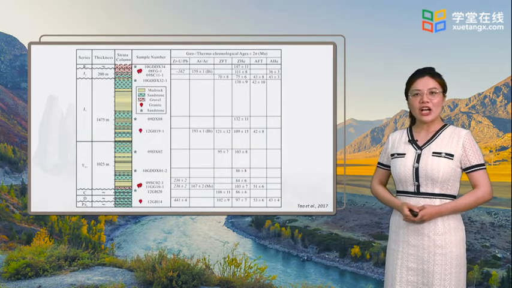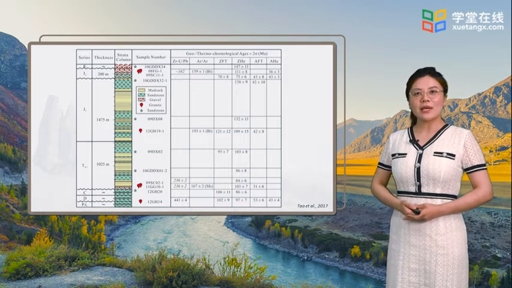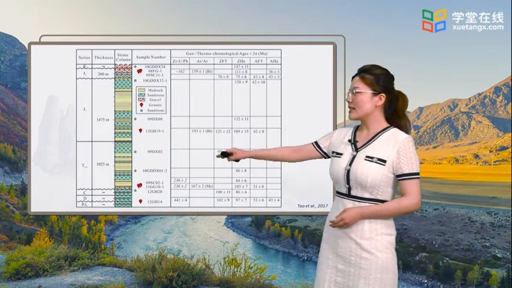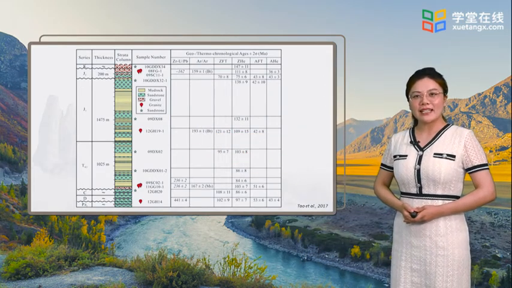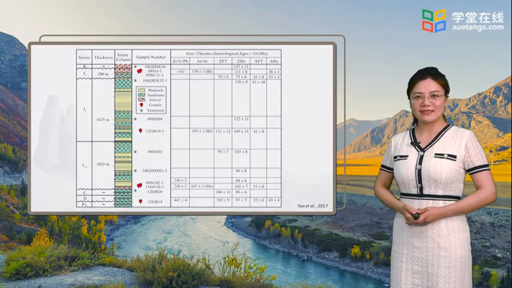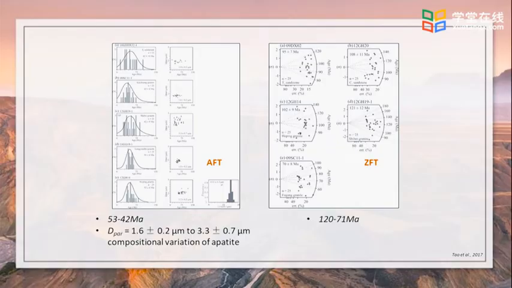The acquired data are shown in this table. In this table, we have the strata sequence listed here and the granite samples listed beside it. All the measured age data are listed here with the 2 sigma error coded. To analyze the low-temperature thermochronological data in detail, the fission track data, including apatite fission track and zircon fission track age data, and apatite fission track length data are displayed in these commonly adopted figures.